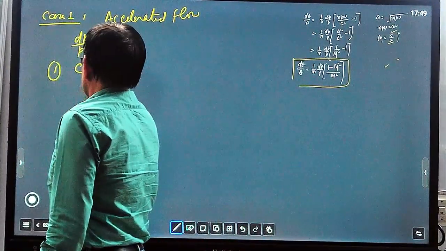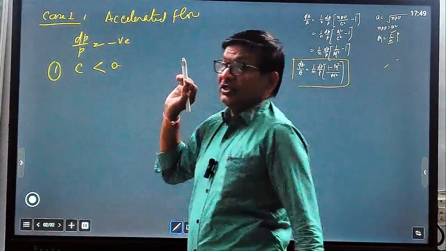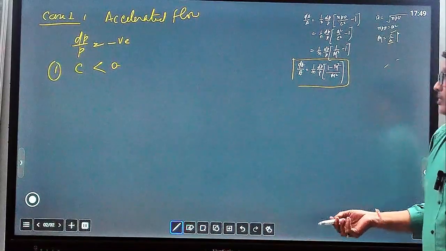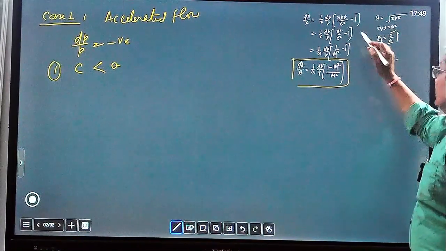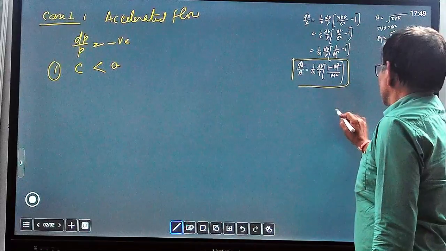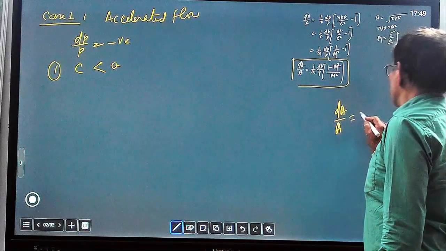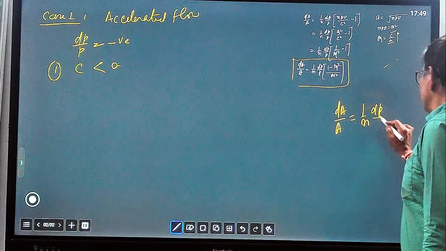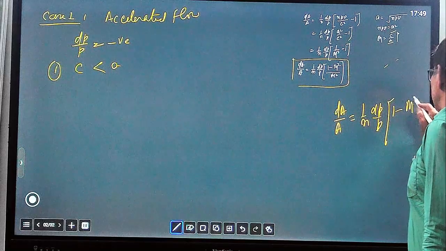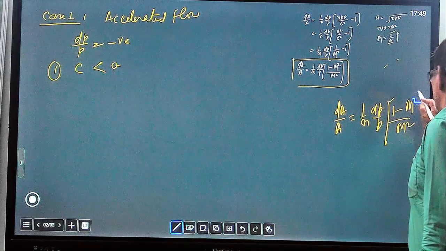Condition 1: C less than A, velocity of steam is less than velocity of sound. So here you can see in this equation, dA by A equals 1 upon n, dP by P, times (1 minus M square) upon M square.